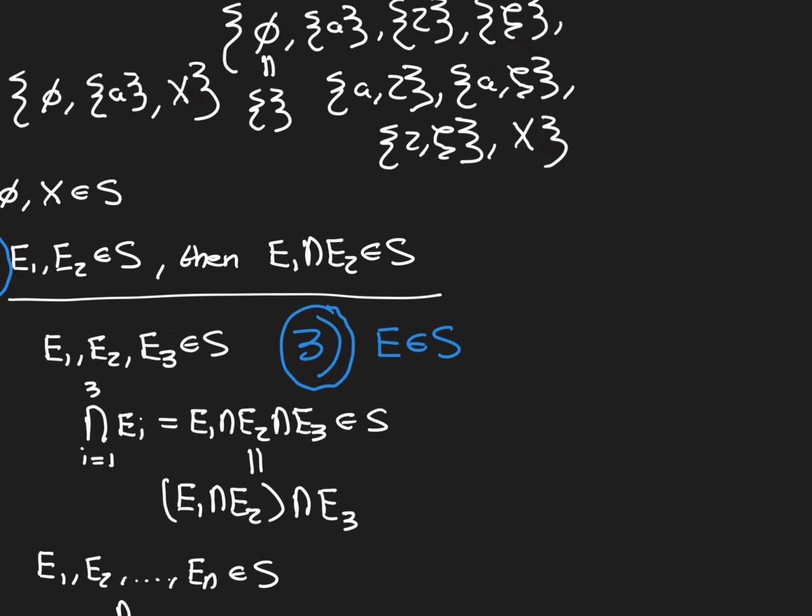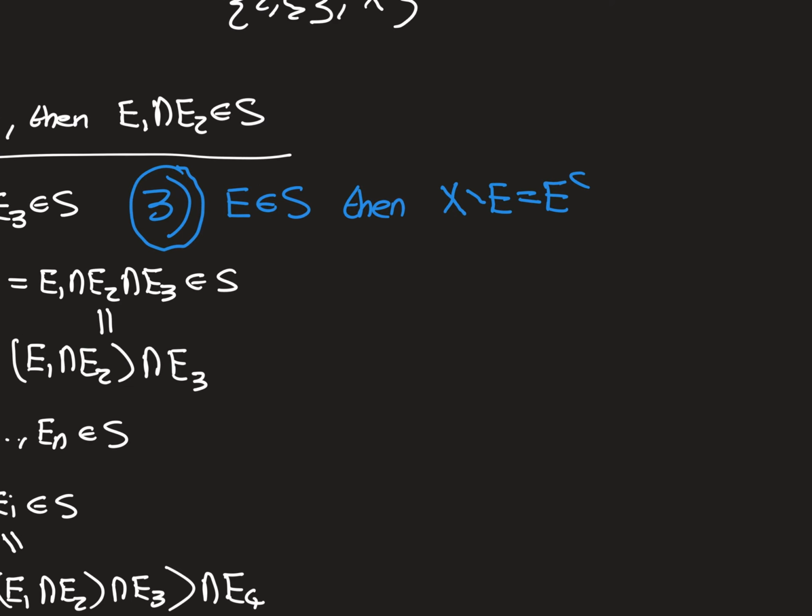So if the subset E is an element of your semialgebra, then if you take E complement, meaning the complement of E in the whole set X, so X subtract E, which we could just write E complement like that, as long as we know that we're always working inside the large set X, then E complement must be made up of a finite disjoint union of elements of the semialgebra.